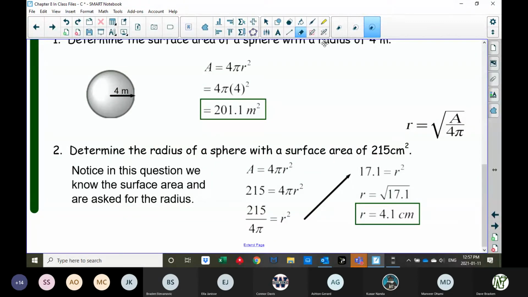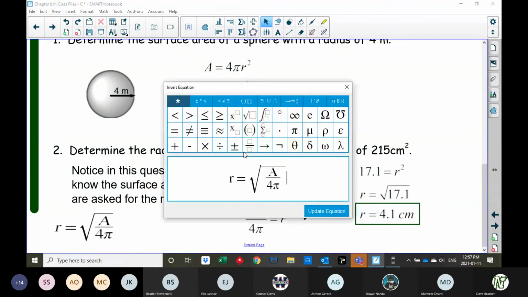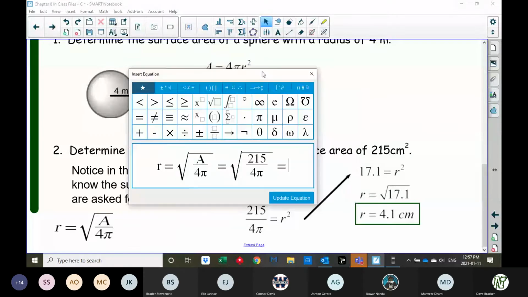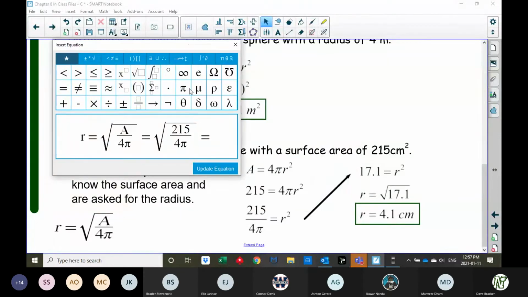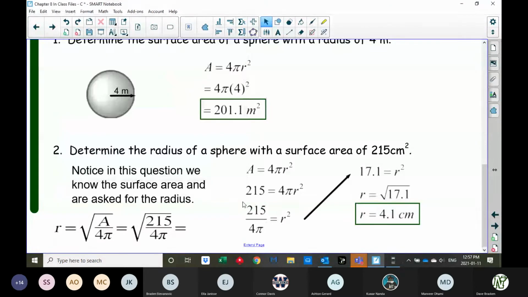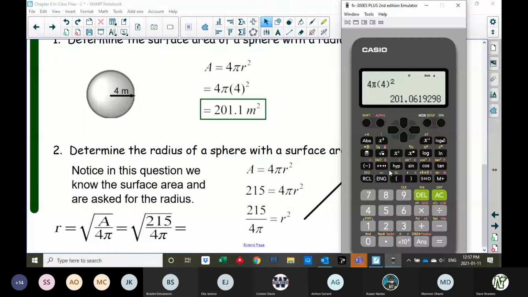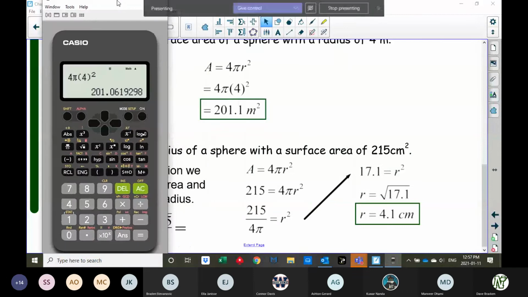Now, you could have taken this right off the bat over here. You could have said, my next line is equals, I'm going to open up a square root and fraction. It's 215 all over 4 pi. And in your calculator, you could have put 215 divided by 4 pi with a square root, and you would have gotten your answer, which should be the exact same.